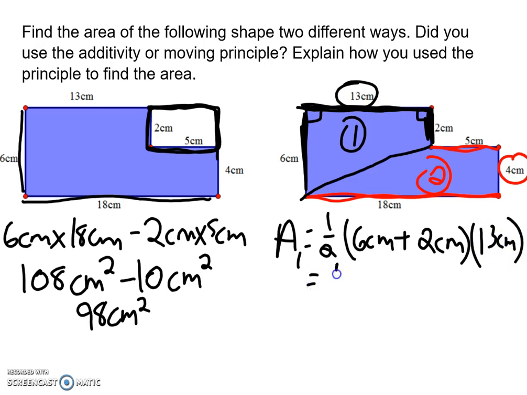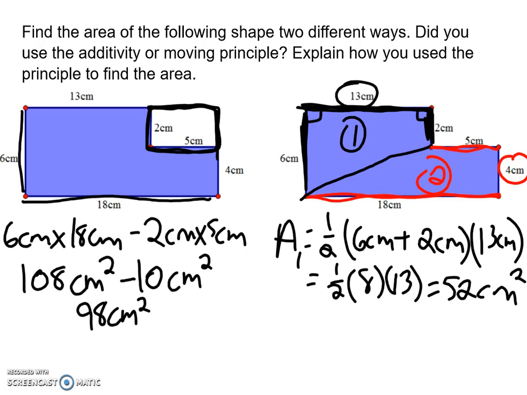So here I'm looking at 1/2 of 8 times 13, and then 4 times 13 is 52 square centimeters. Try and keep those units.